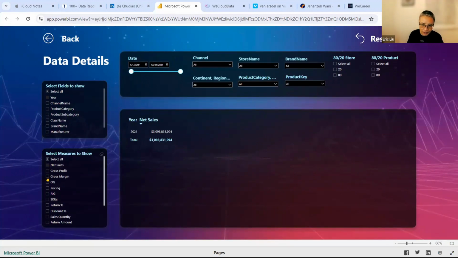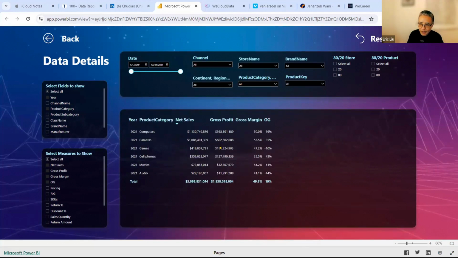And I can select multiple measures. So this will add more measures. If I add product category, then you can customize your report, and then you can also select different channel. You can use all these filters to configure your report. So once again, very, very useful.